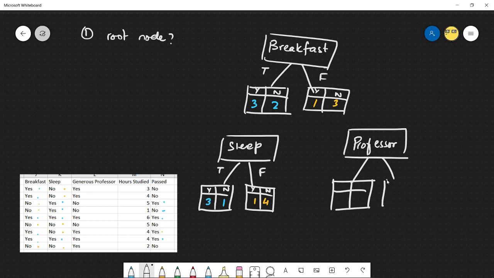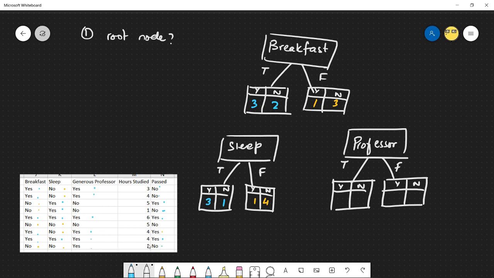Same idea: we count how many professors were generous, true or false. For true, there are 6, and we see how many were nos and yeses: 3 and 3.